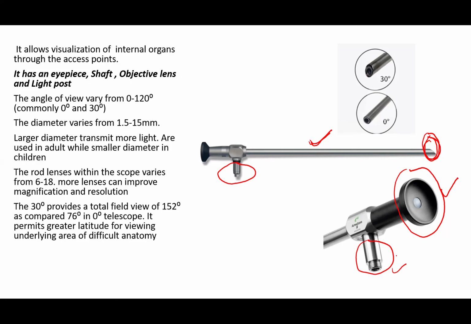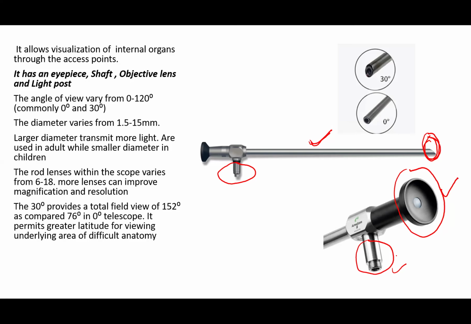Now, the diameter also varies from 1.5 millimeters to 15 millimeters. Smaller caliber telescopes are used in pediatric surgery patients, while the bigger calibers are used in adult patients.